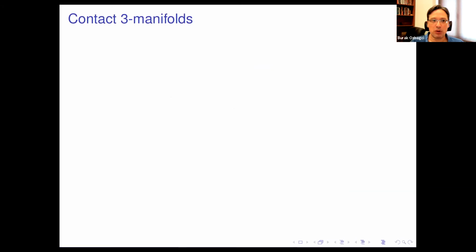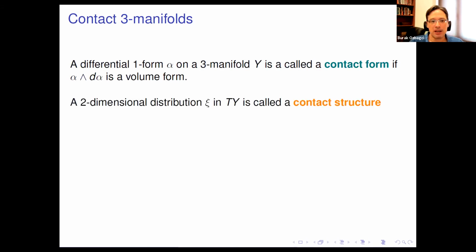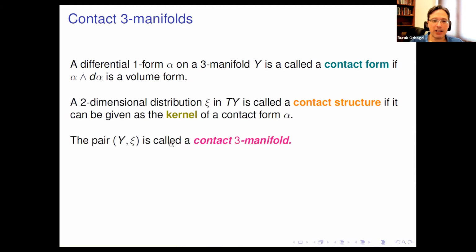So let's talk about contact 3-manifolds very, very briefly. A differential one-form alpha on a manifold Y is called a contact form if alpha wedge d alpha is a volume form. A two-dimensional distribution xi in the tangent bundle is called a contact structure if it can be given as the kernel of a contact one-form alpha. And the pair (Y, xi) is called a contact 3-manifold.